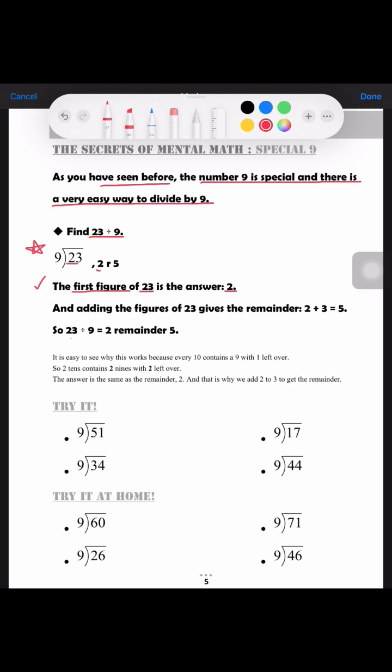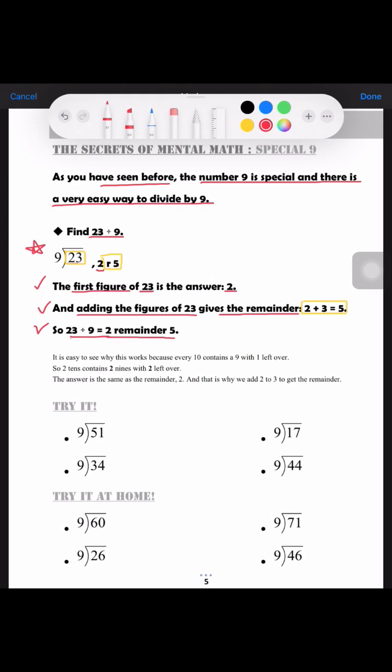The first figure is 2, so 2 is the answer. Step 2, we add the figures of 23 and this gives the remainder. The figures are 2 and 3, so 2 plus 3 equals 5, so the remainder is 5. So 23 divided by 9, the answer is 2 and the remainder is 5.